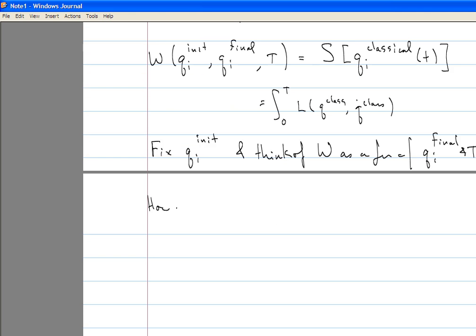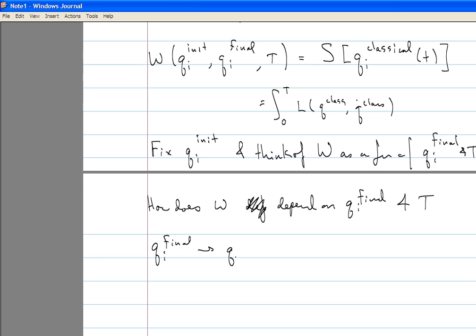So how does W depend on q final and time? Well, let's imagine varying q final. So q final goes to q final plus delta q final.